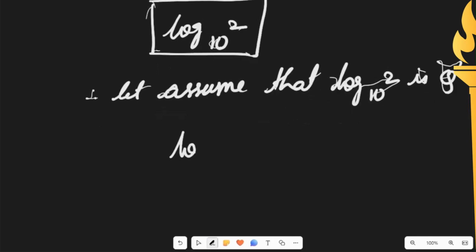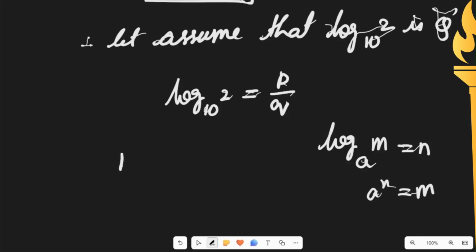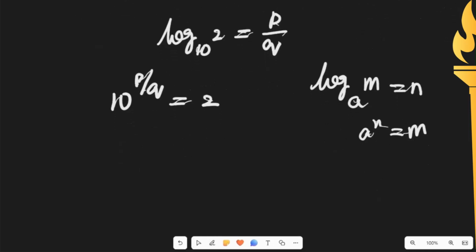So log 2 base 10 is equal to p by q. We have a logarithmic property which says if log m base a is equal to n, then a power n is equal to m. Similarly, 10 power p by q is equal to 2.